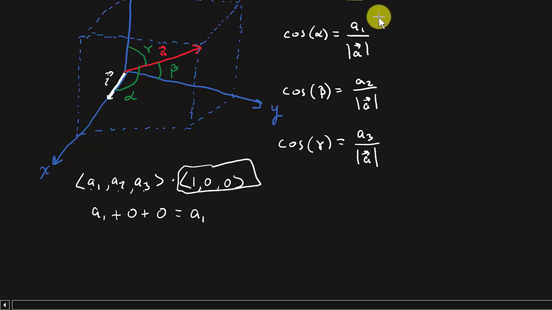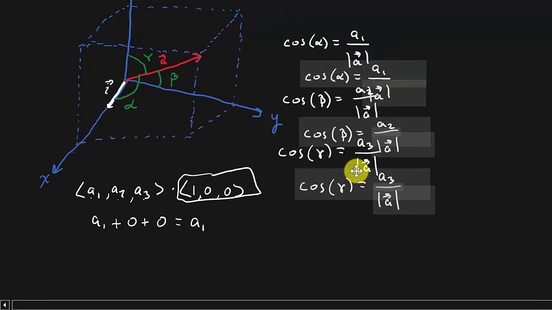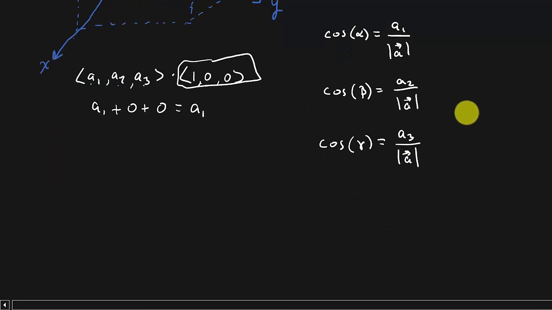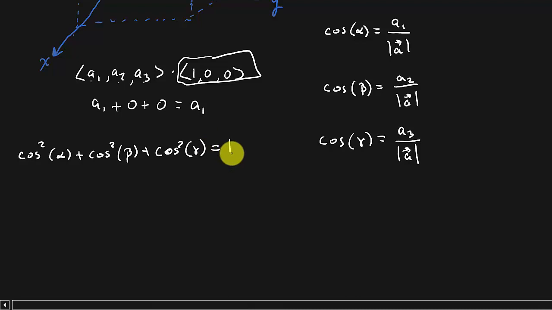Hopefully that made sense. Now, what's another thing that we could say about this? Well, we know that cosine squared alpha plus cosine squared beta plus cosine squared gamma is equal to 1.